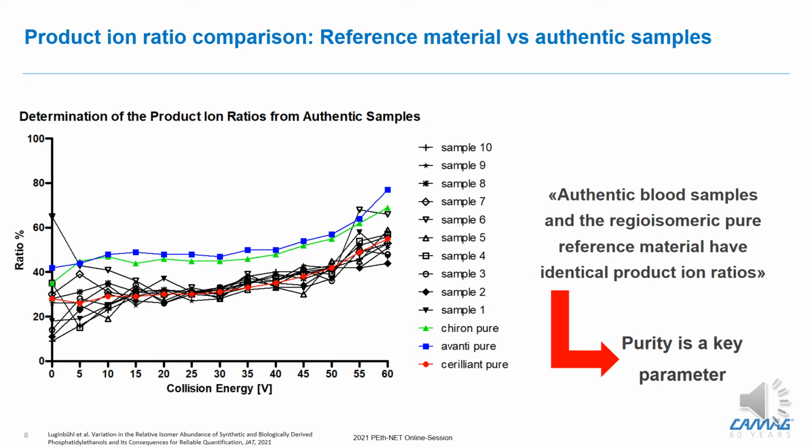However, when comparing these 10 authentic samples to the pure or almost pure material from Cerilliant, we saw no real difference. We therefore concluded that the authentic samples have a very high purity of phosphatidylethanol. They mostly contain 16:0/18:1, and that purity is a key parameter in order to match these samples with commercial reference material.